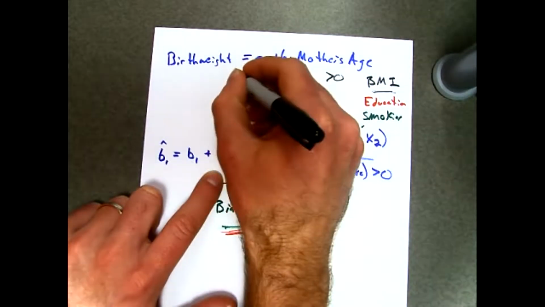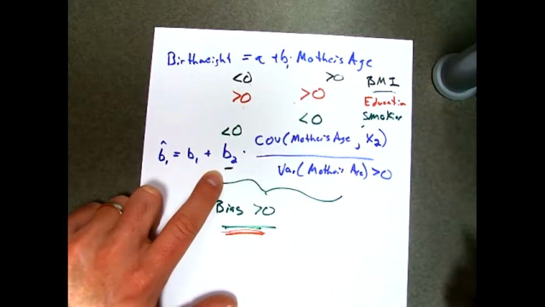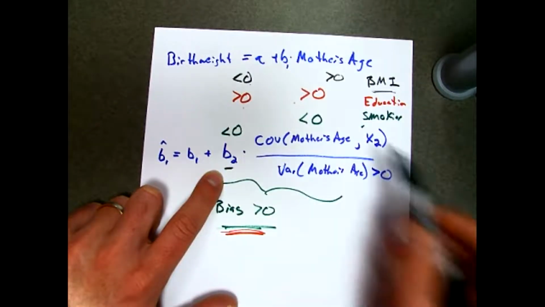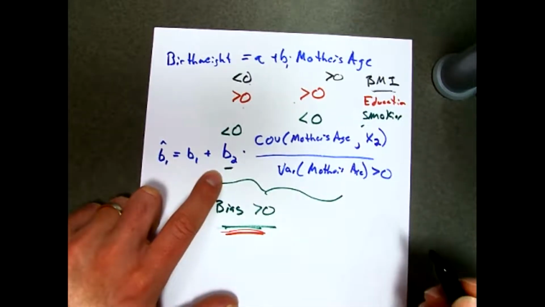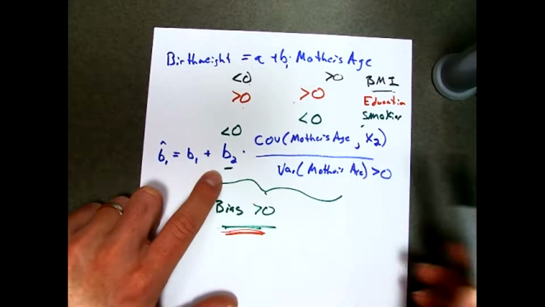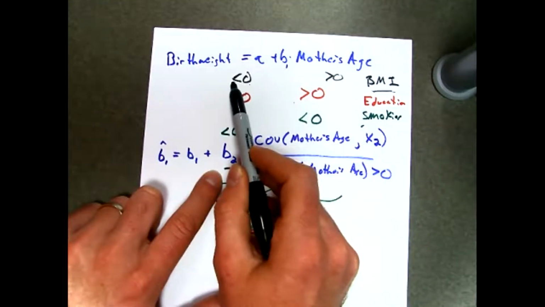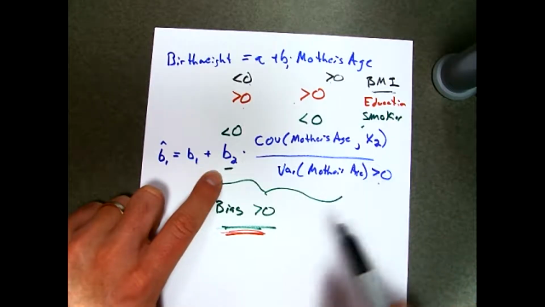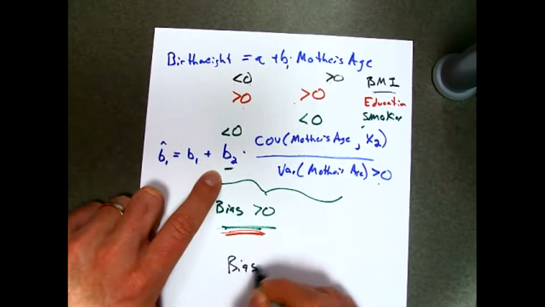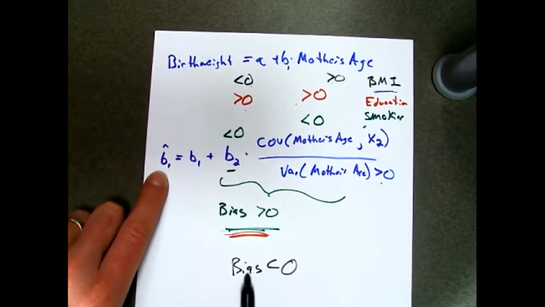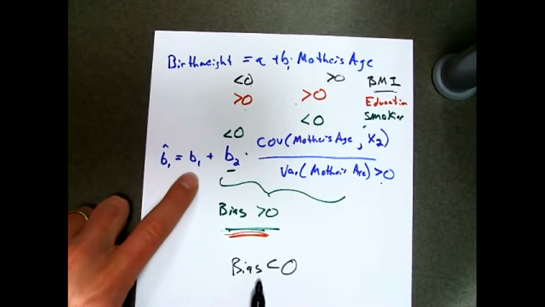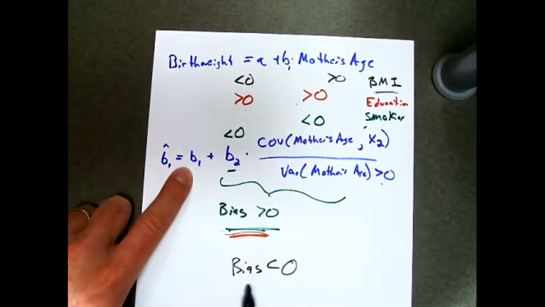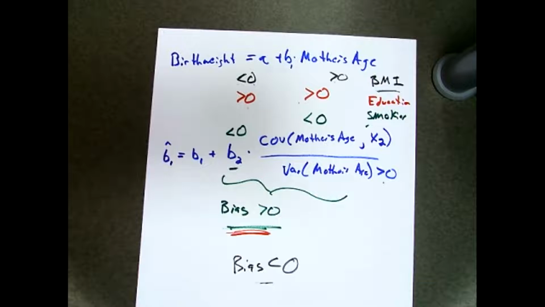So we would see a negative coefficient if we were to include that, right? And maybe we don't use BMI, maybe we use some different measure of being healthy. But there, now we have a negative times a positive divided by a positive. Now this bias, we would see an estimate that's too low, because we'd have the actual effect plus some negative value, so we'd see a coefficient that's too low. So you could have an estimate where the bias is negative.